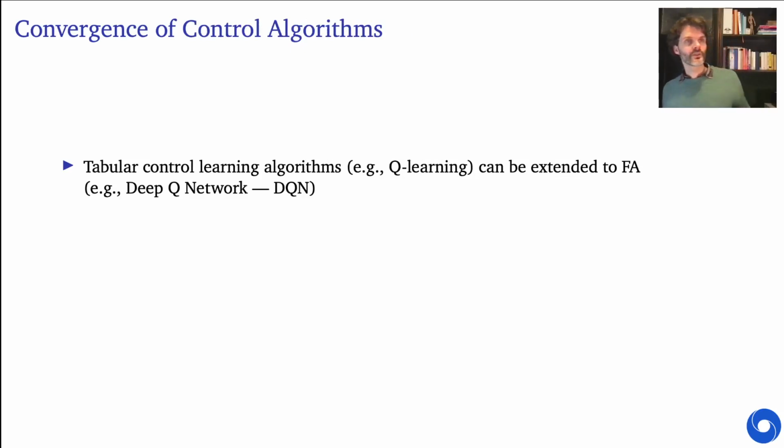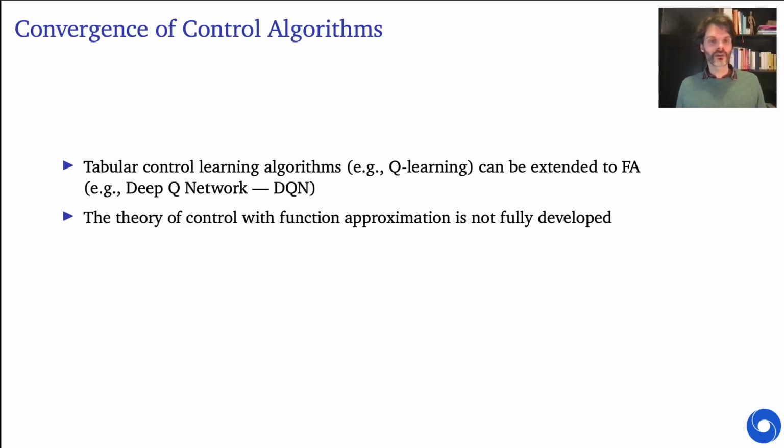Okay, so now let's move towards control. So now that I've maybe expressed some uncertainty about convergence, but also some evidence that it typically does converge, we can extend all of these control algorithms, obviously, to function approximation. The theory of control with function approximation is not that well developed, unfortunately.